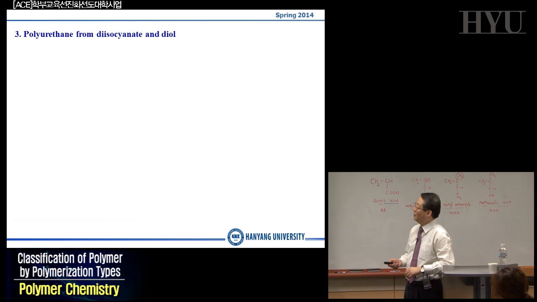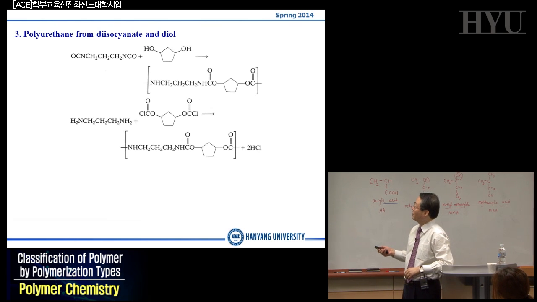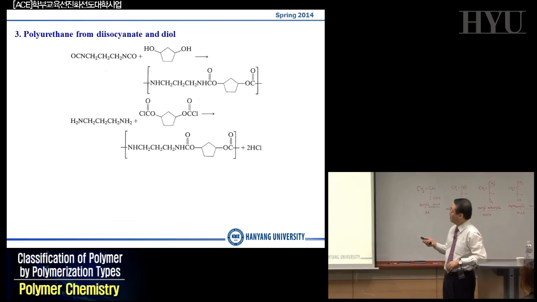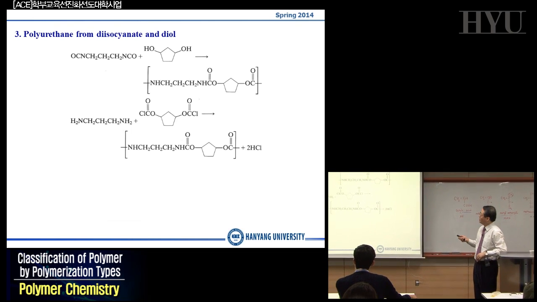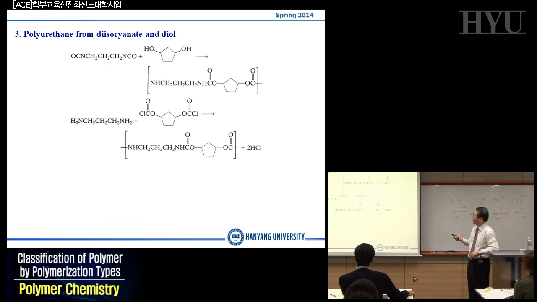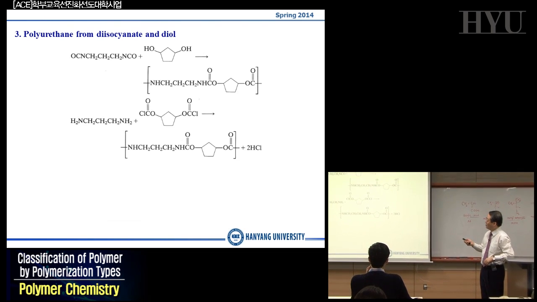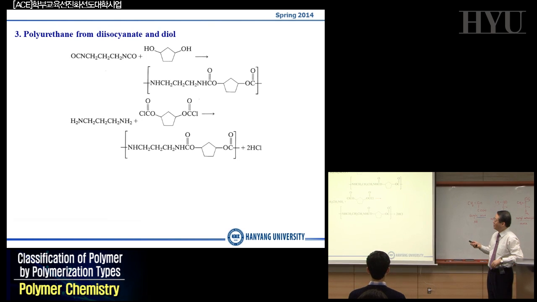Now, polyurethane has the structure shown here. Okay? We have NH and CO and O. Now, COO is called ester. NH and CO is called amide. This is a combination of amide with ester, NH connected with the ester.